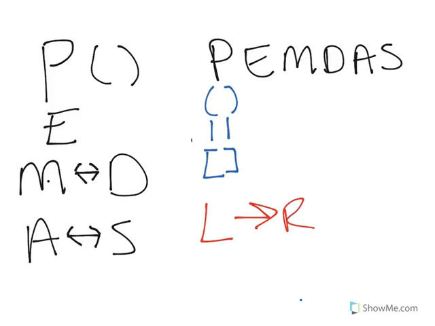Now, this is kind of easy to remember because that's how you read if you read in English or any Latin-based language, French, Spanish, German. You're going to read from left to right, so it's easy. Which do you do first, multiply or divide? Well, after you've checked out parentheses and exponents, if you have any operations that include multiplication or division, you're going to go from left to right.